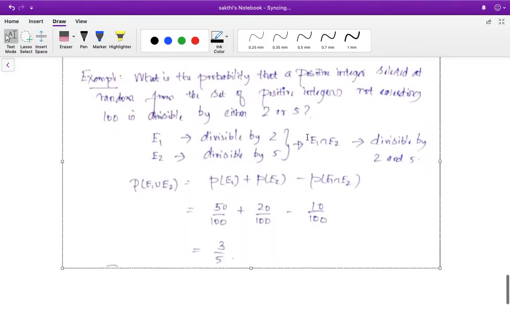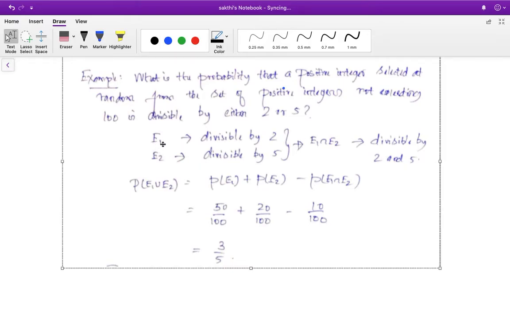So this is a problem which says, what is the probability that a positive integer selected at random from the set of positive integers not exceeding 100 is divisible by either 2 or 5? Okay, so you are selecting at random from a set of positive integers not exceeding 100, and you need to see whether they are divisible by 2 or 5. So that is our event.